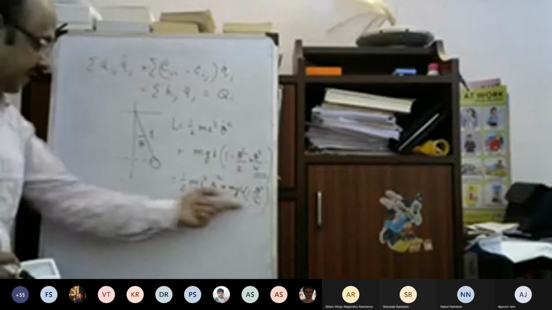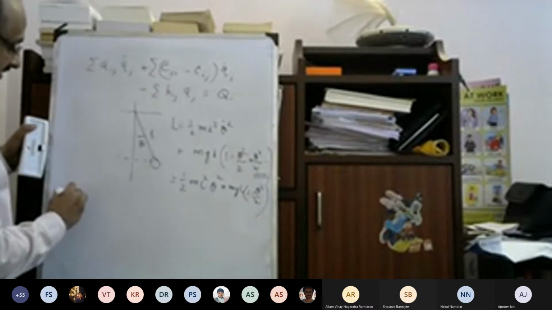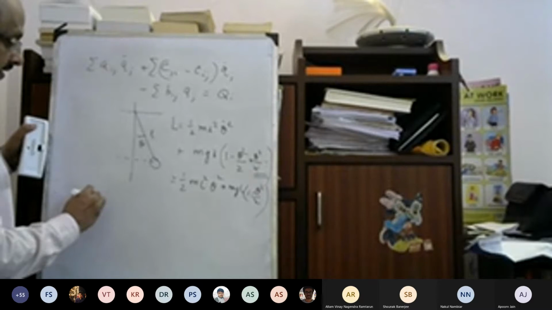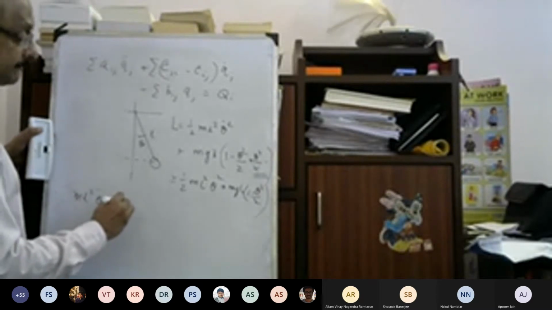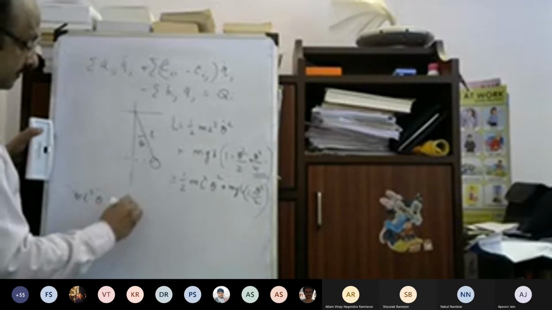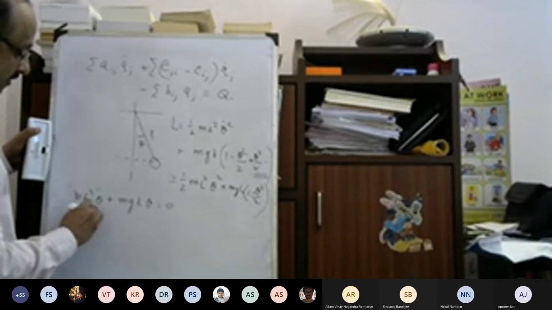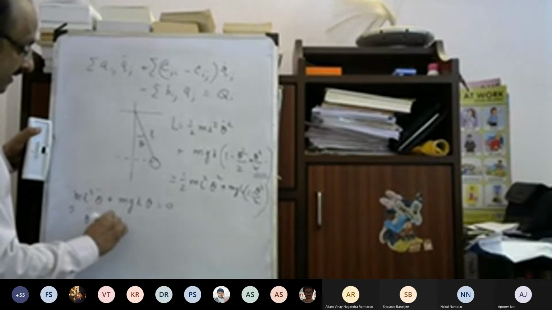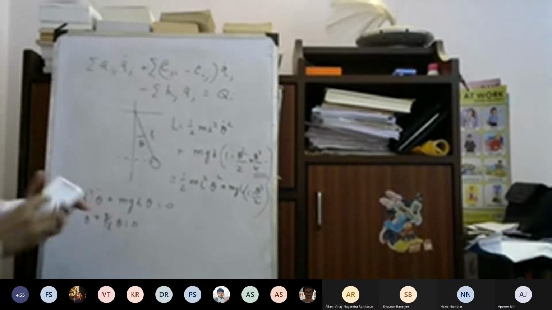And if you write down the equation of motion, you will get ml square theta double dot plus mgl theta equal to 0. So theta double dot plus g by L theta equal to 0. That will be the linear equation of motion.